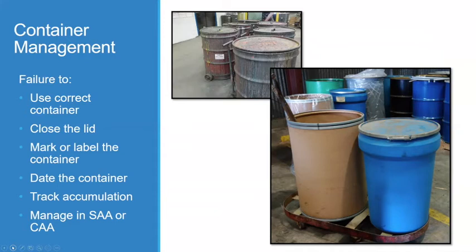And again, it's really good to have tracking of what you're accumulating, because when you're determining your monthly generation, you're including what's in the satellite accumulation area. So it isn't just what's in the central area, it's also those smaller satellite areas. So you really want to have a good tracking system so you can maintain your generator category if you're in VSQG or SQG status.